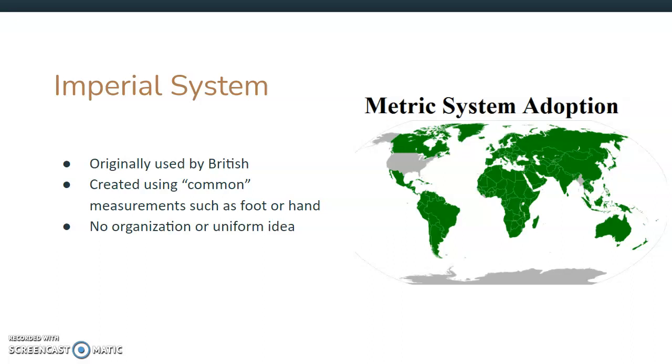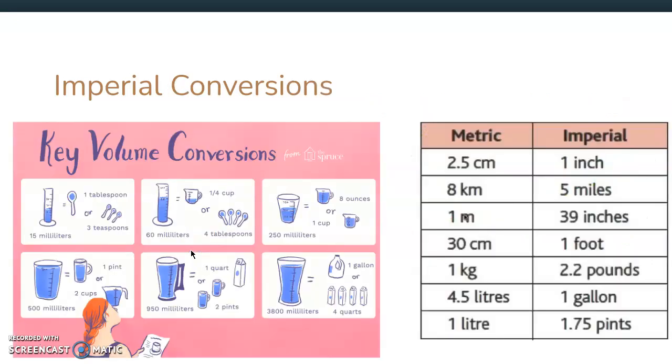It's just random. And so the only people using this right now is the US, which used it as a colony of the British. The British made it, and then when they came over to land in America, they said, okay, you're going to start using this system too. So the US was a colony, and then they just kept the imperial system for some reason and stayed that way.